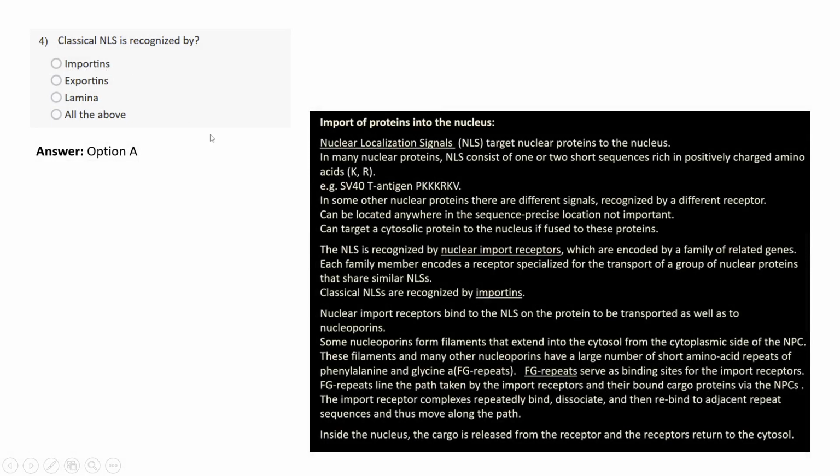Importin is a protein which binds to the nuclear localization sequence present on the protein. Importin is a nuclear import receptor. The proteins which contain the nuclear localization sequence will bind to this importin protein, and that importin protein will allow the translocation of that protein from the cytoplasm into the nucleus.